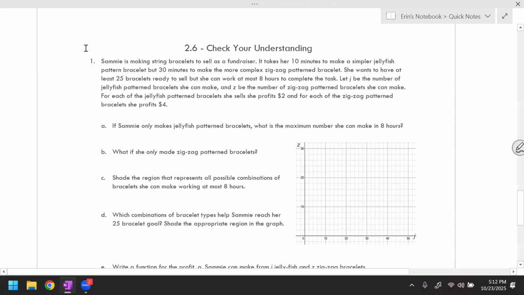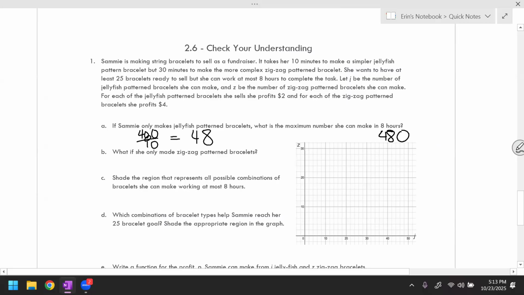But let's go through this bit by bit. If Sammy only makes jellyfish pattern bracelets, what's the maximum number she can make? Well, 8 hours is 480 minutes, so let's convert it into minutes. Every bracelet takes 10 minutes to make, so 480 divided by 10 is 48 bracelets.